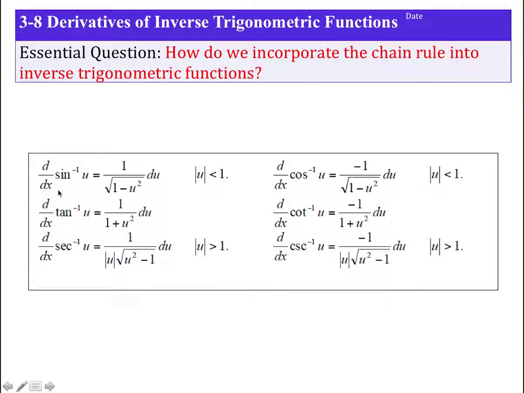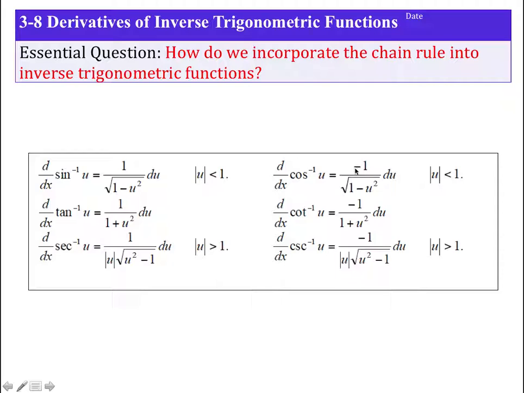If we look at these derivatives, inverse sine and inverse cosine look the same. They're 1 over the square root of 1 minus u squared. The cosine is just negative. If we think about derivatives of regular trig functions, when we took the cosine, we got a negative sign.